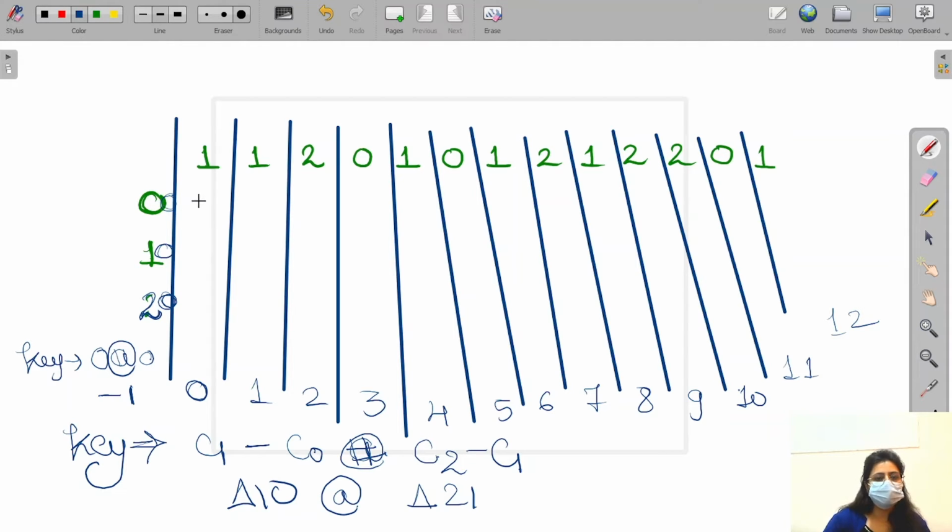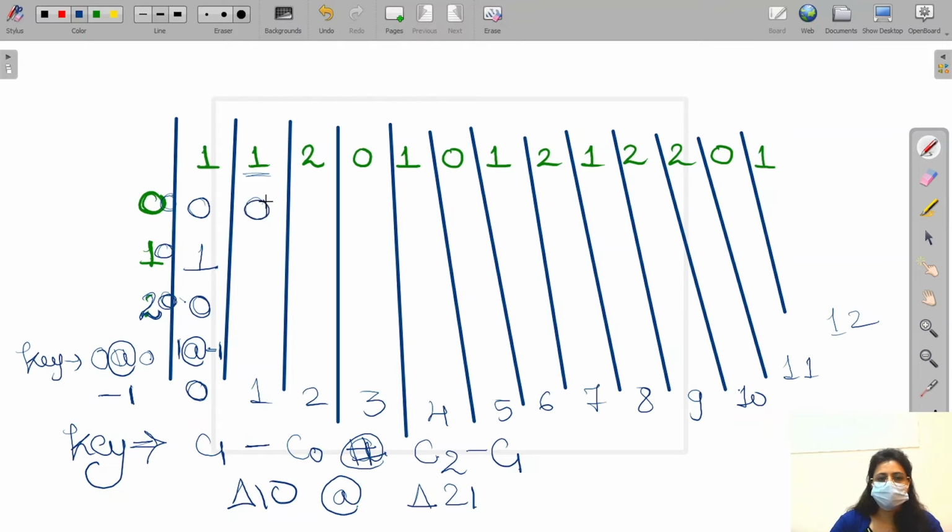The count of 0 will remain 0, count of 1 will increase to 1, and count of 2 will remain 0. Our key would be C1 minus C0, 1 minus 0 is 1, at the rate 0 minus 1 would be minus 1, so 1 at the rate minus 1. Next, one more 1 comes.